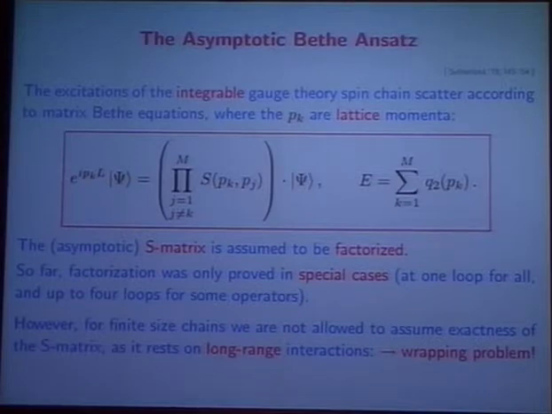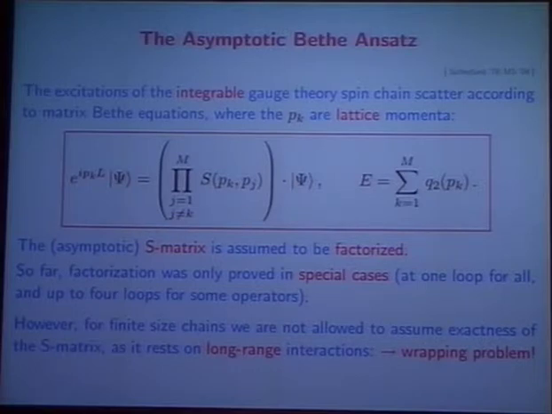You can write a so-called Bethe Ansatz that says that the phase shift of one such particle, one covariant derivative, when you take it around the trace, the ring, is given by the two-body scattering process with all the other particles. So these p_k are lattice momenta of these particles in this spin chain. This so-called factorization, that it's all 2 by 2 scattering only, is what leads to the integrability.